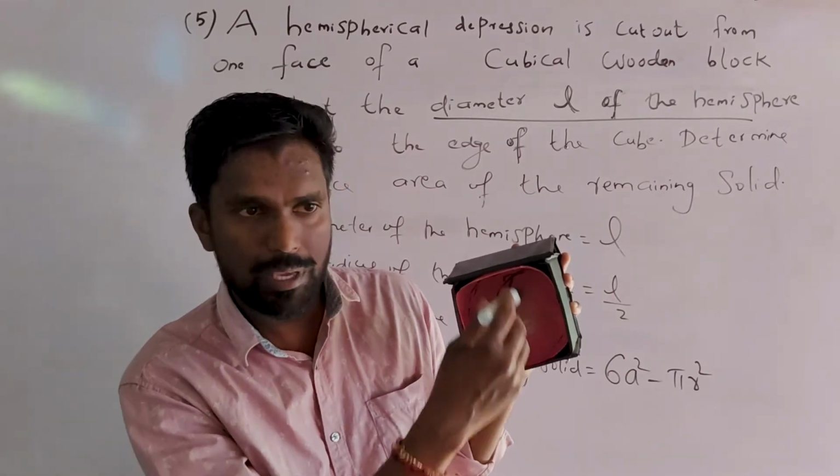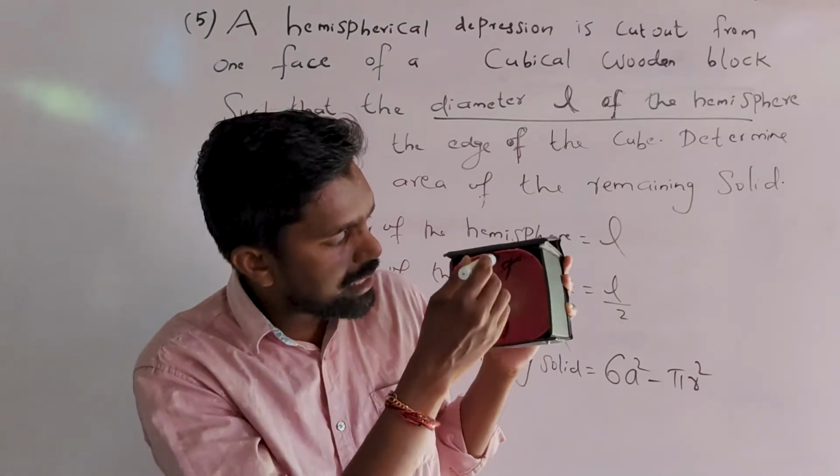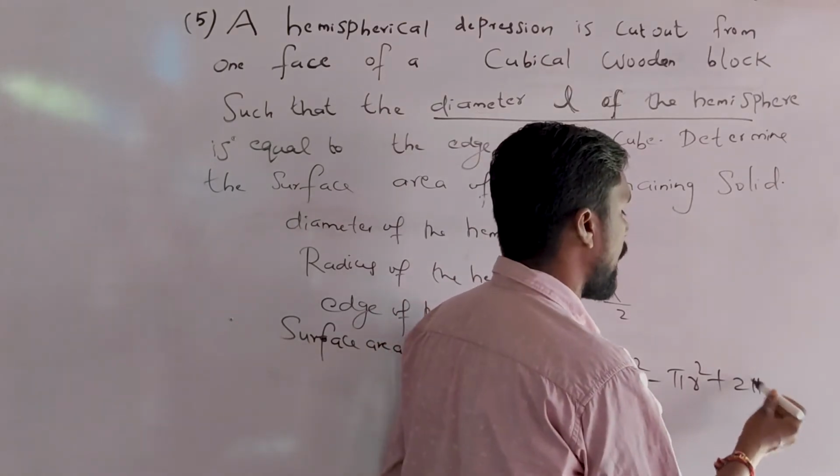Then add the CSA of the hemisphere, which you can also see, plus 2 pi r square.